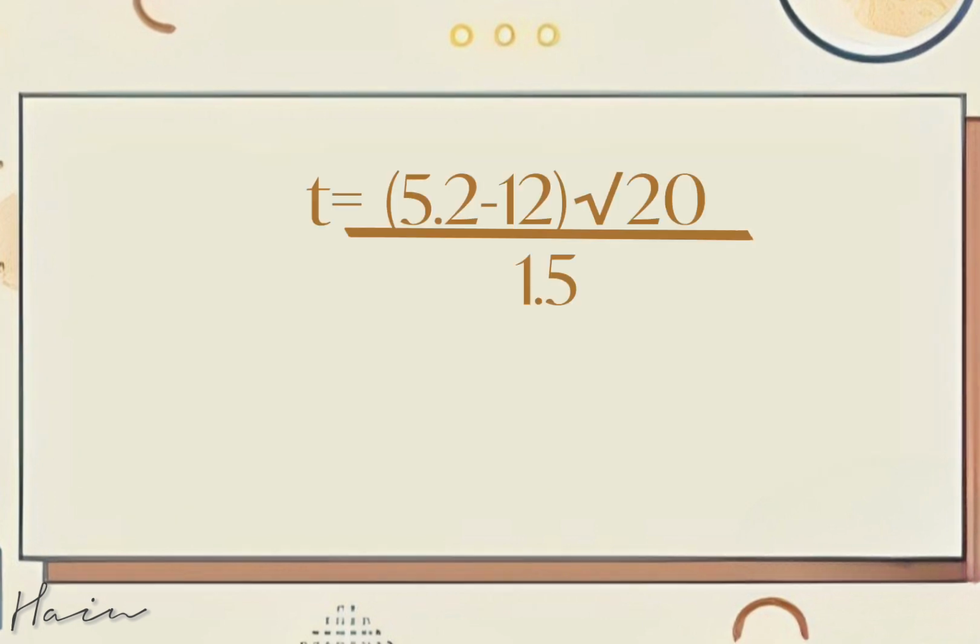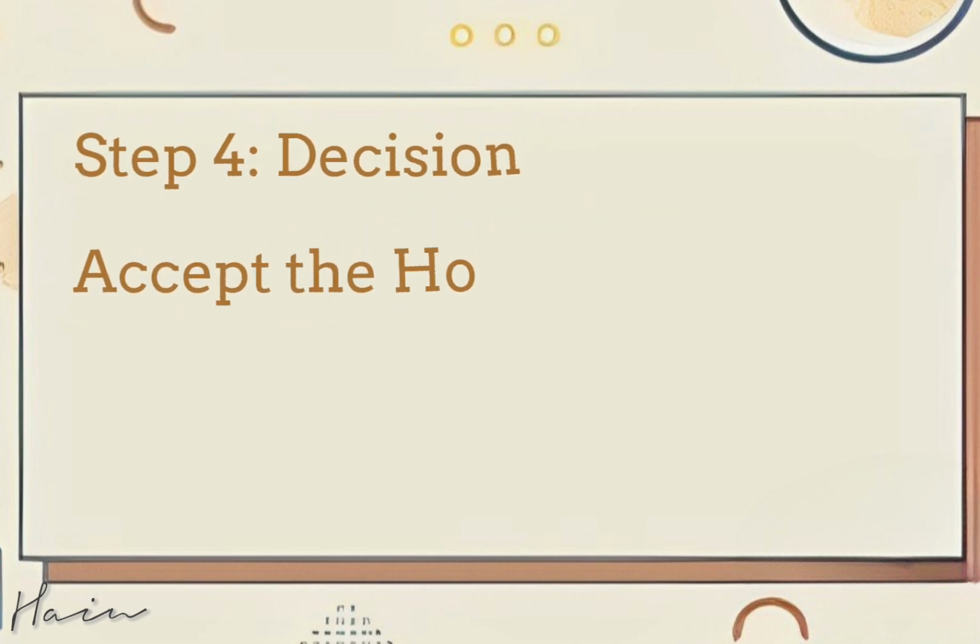So let's substitute. t is equal to 5.2 minus 12 multiplied by square root of 20 divided by 1.5. The answer is negative 20.27. Thus, the test statistic is t is equal to negative 20.27.